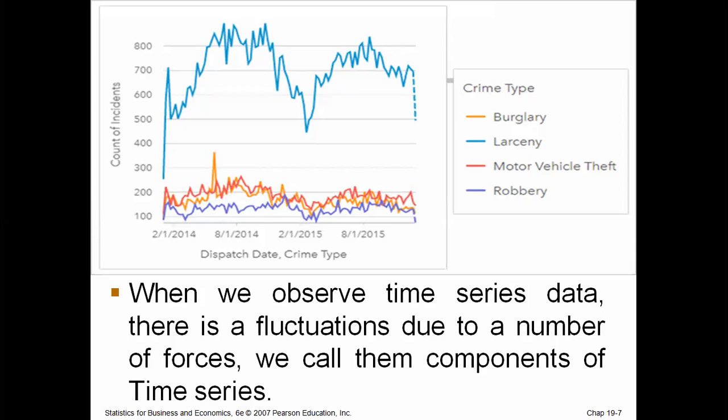There are factors which cause an increase in sales, production, the inflation rate or the crime rates. So there are a number of factors which can influence this kind of variable. In statistics, these are called components of time series.